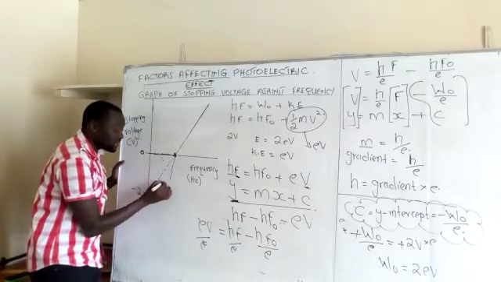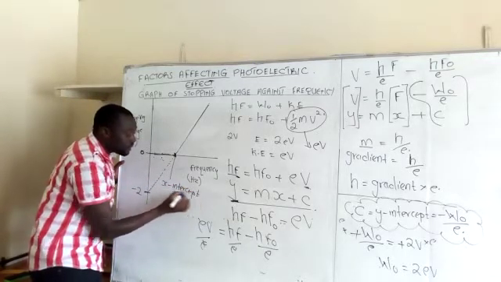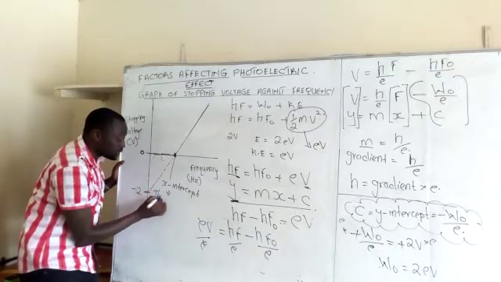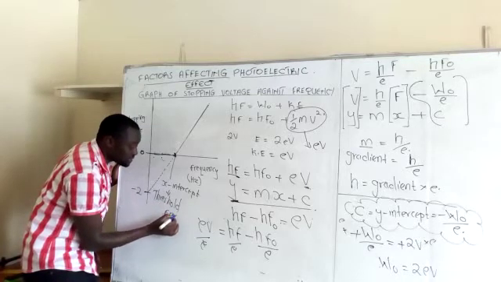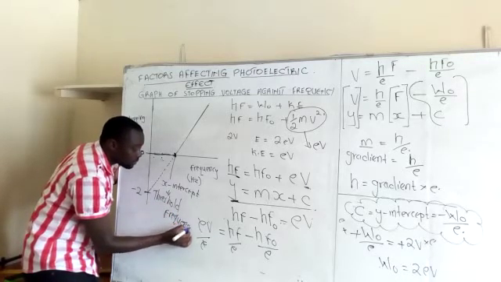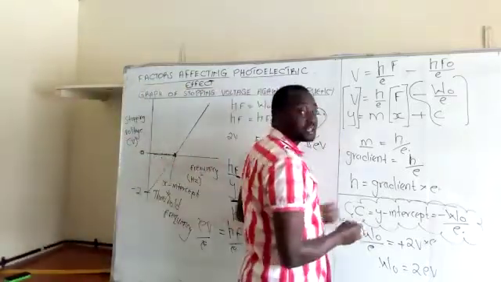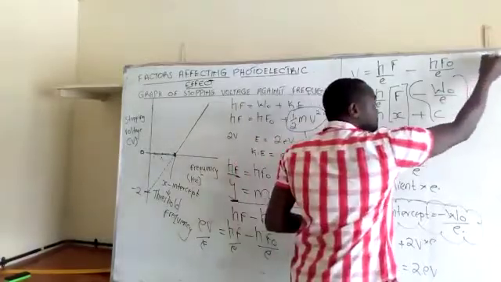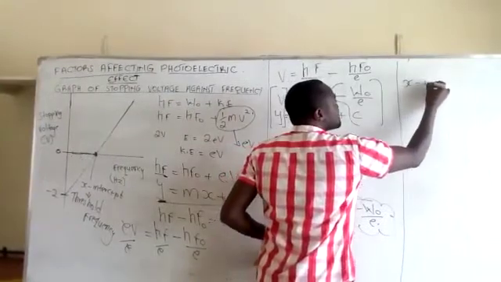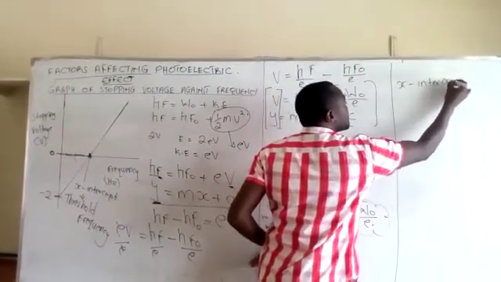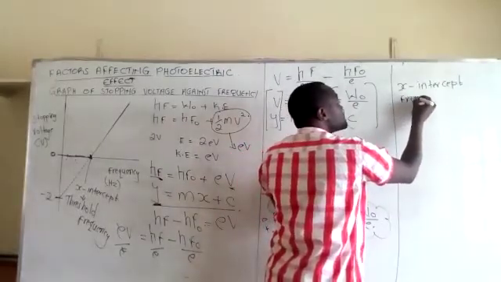In this case, the x-intercept will give us the threshold frequency. So again, another quantity is the x-intercept, and allow me also to call it the frequency intercept.